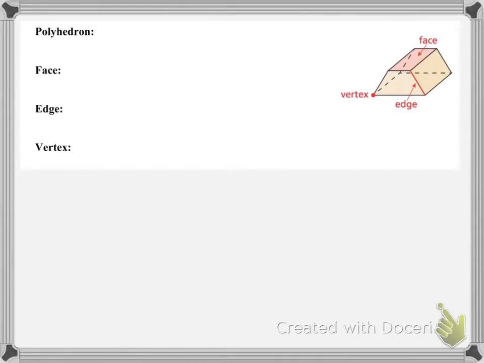But again, your templates are really good help if you're sketching these pictures. Okay, so a polyhedron is a type of solid. What we mean by solid, again, is those 3-dimensional shapes. And it's created or bounded by polygons.